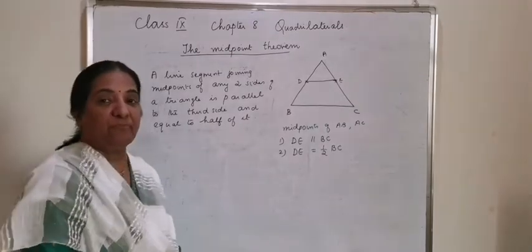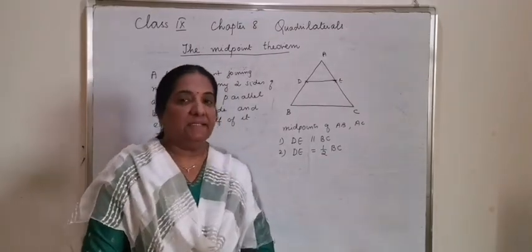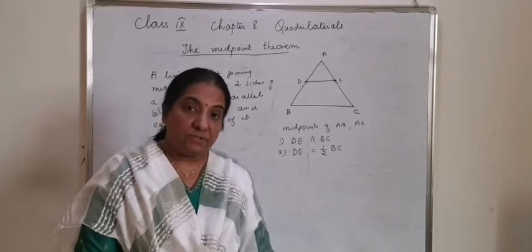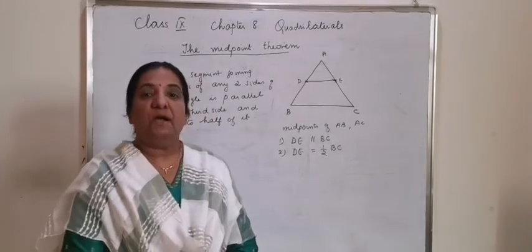So that is the statement of midpoint theorem. In a triangle, a line segment joining midpoints of any two sides is parallel to the third side as well as equal to half of it.